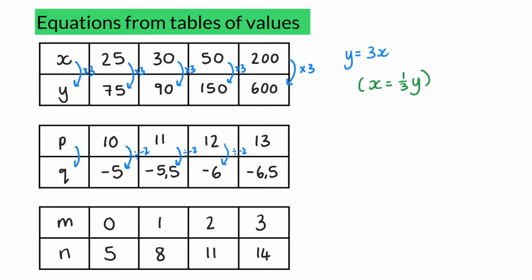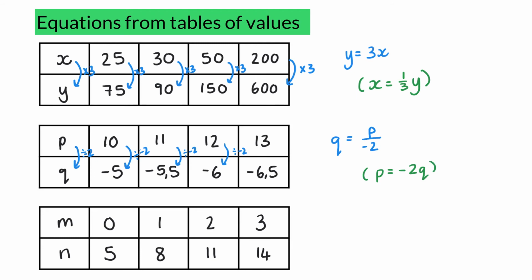So surely P divided by negative 2 is going to be Q. So Q is equal to P over negative 2. Or another way you could describe it would be P is equal to negative 2Q.